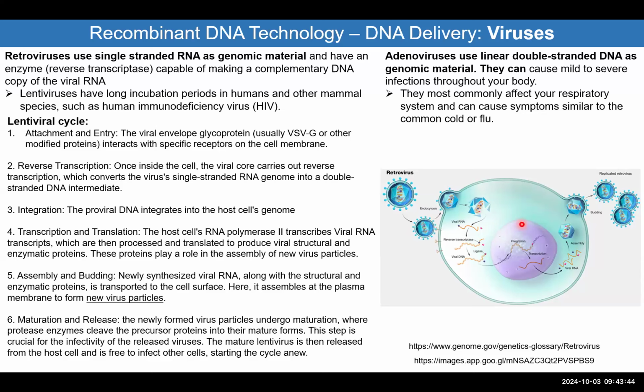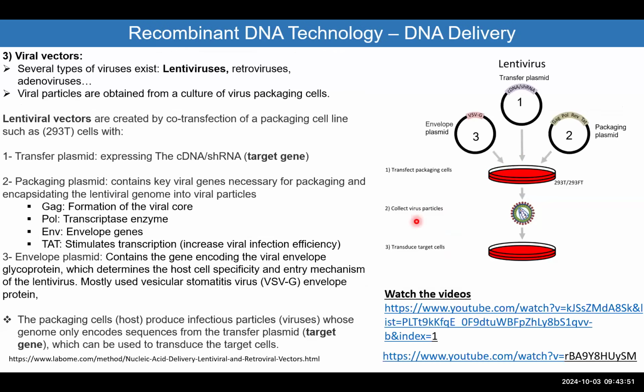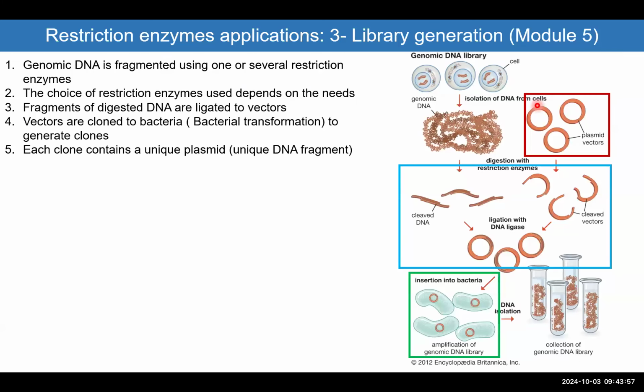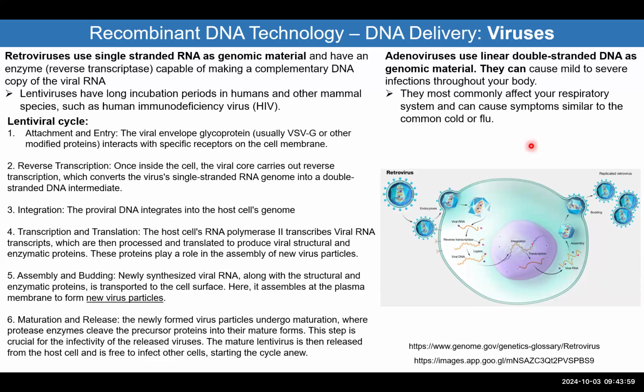Now, one thing I have to do, obviously, is to engineer the viruses in a way that they don't produce more viruses in the lab. This happens in the natural condition, but in the lab we block this part.